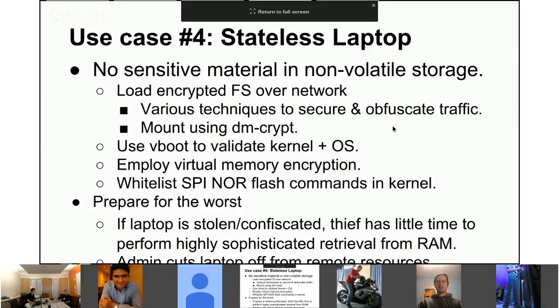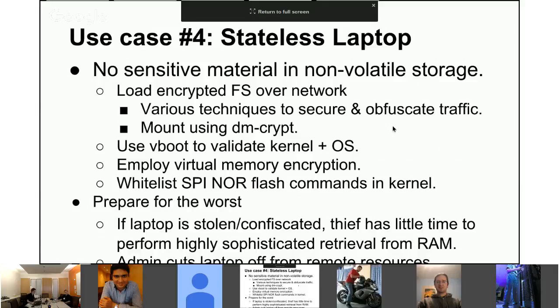So a good way to keep them secure is to not have any sensitive information on non-volatile storage. Because once that laptop is in the hands of the bad guy, then all bets are off once you have physical access.